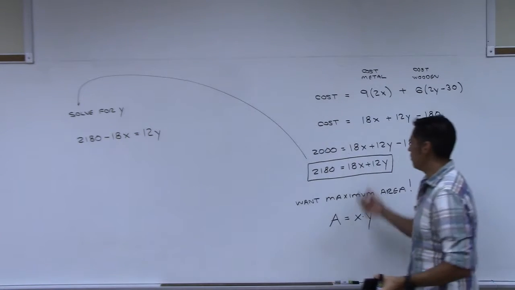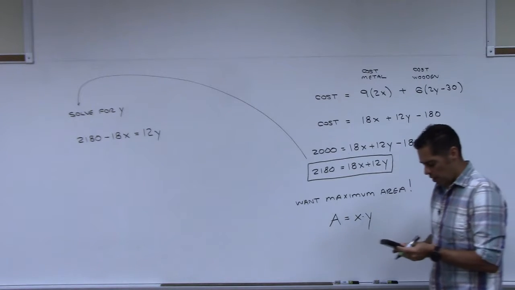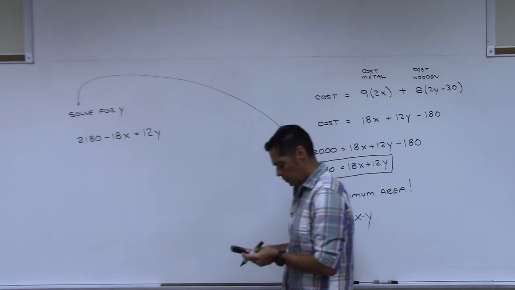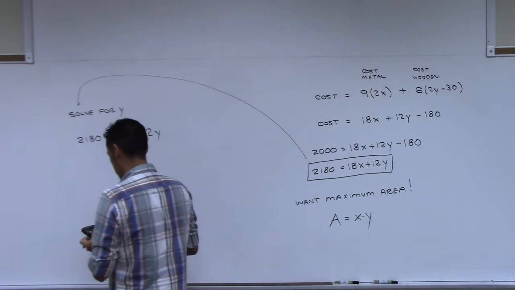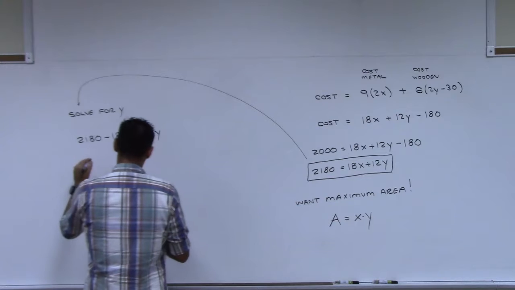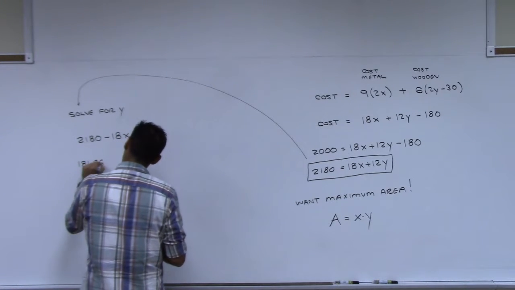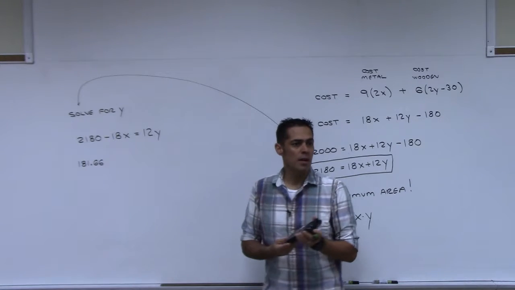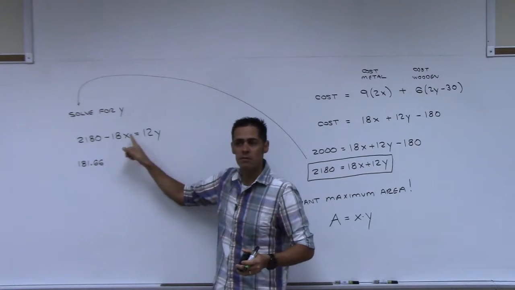All I did was subtract 18x on both sides. And then I'm going to divide both sides by 12. Okay? So I'm going to do 2180 divided by 12. Ugh, it's ugly. It's 181.66. We'll just round to 2 decimals, all right? 181.66. Everyone understand I'm just dividing each of these by 12?